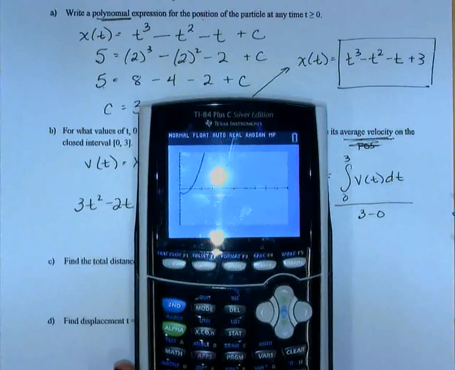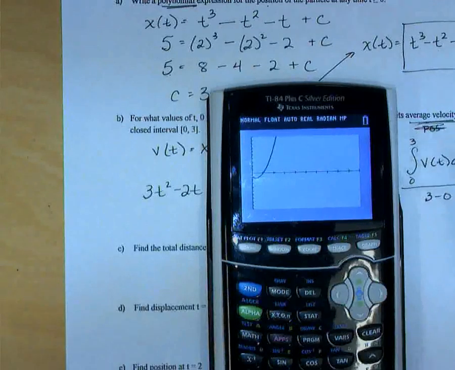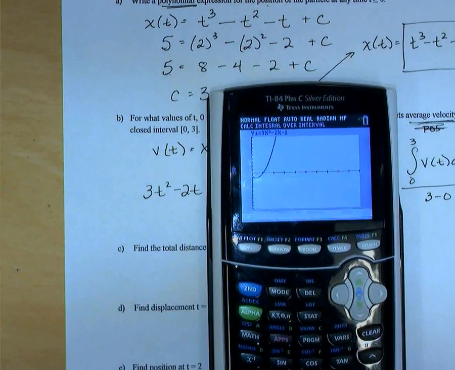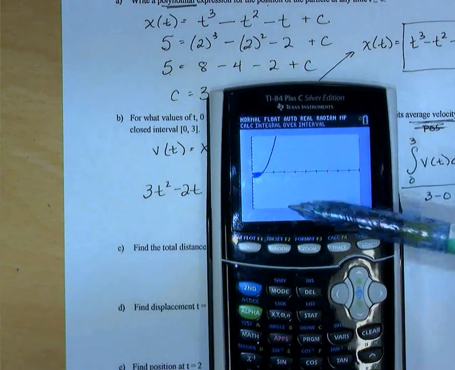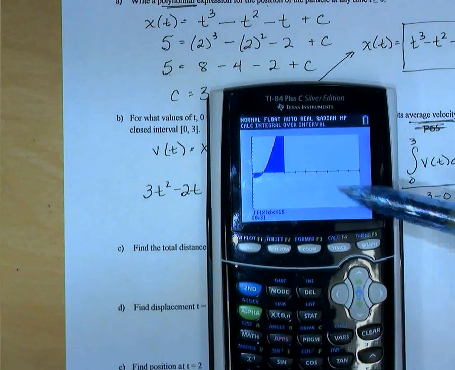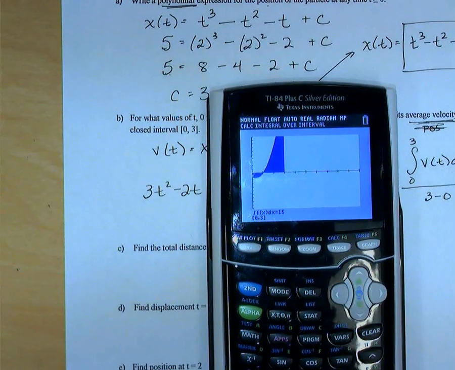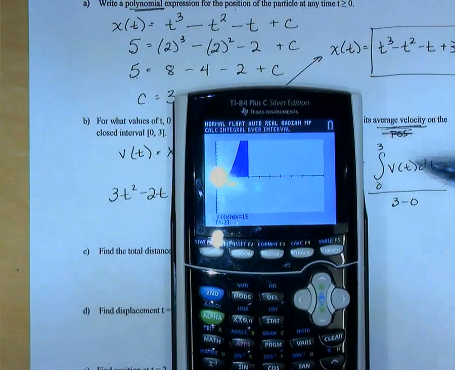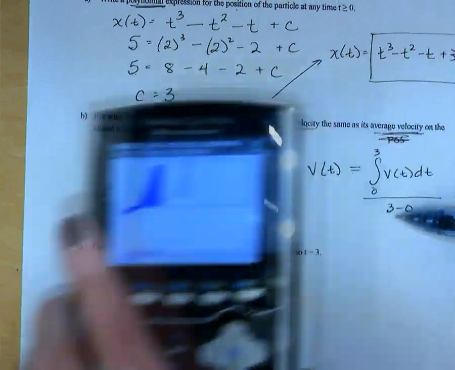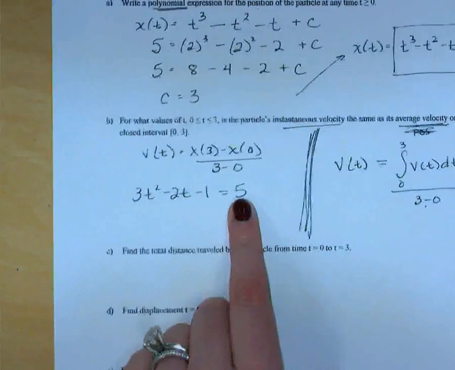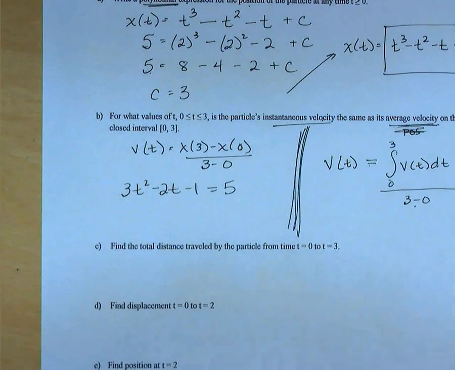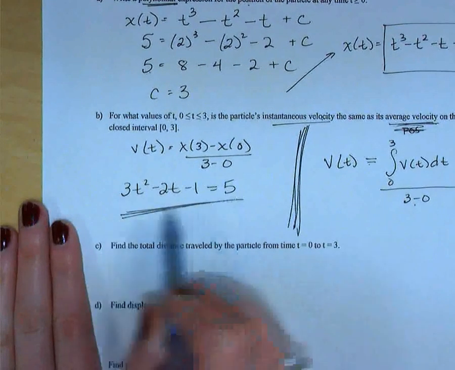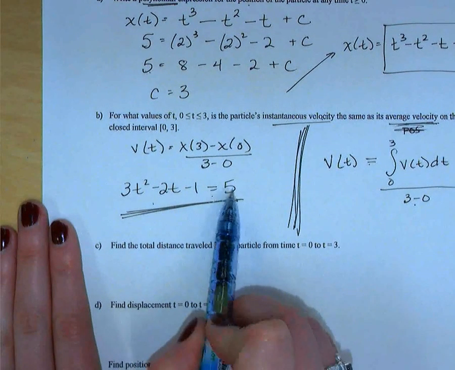This is my velocity equation that they gave me. If I integrate this equation from 0 to 3, there it goes, I get 15. 15 divided by 3, you still get 5, which is exactly what you have for your slope of the secant. So no matter what, you end up with this equation right here, instantaneous equal to average.